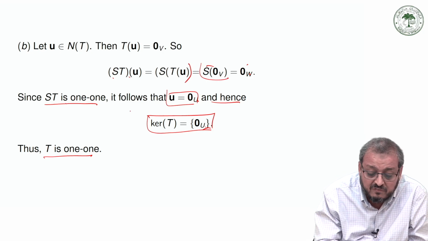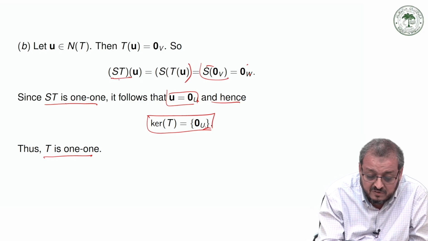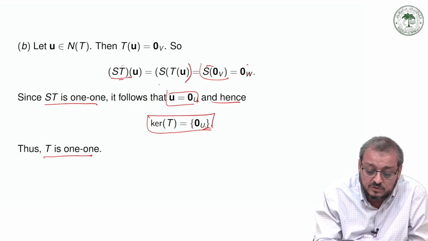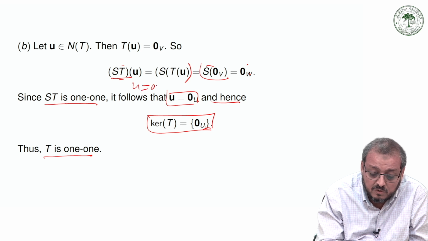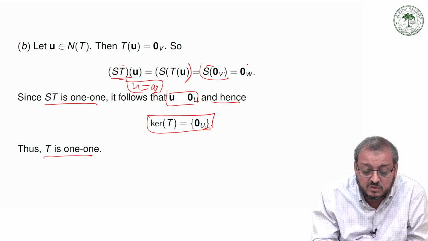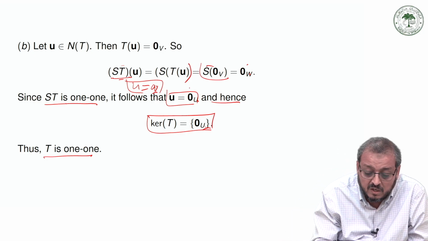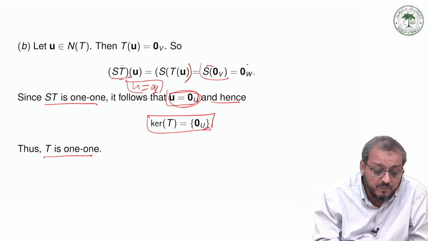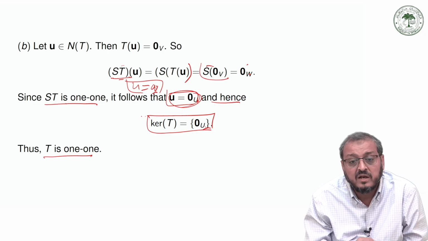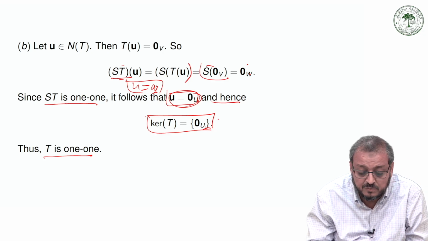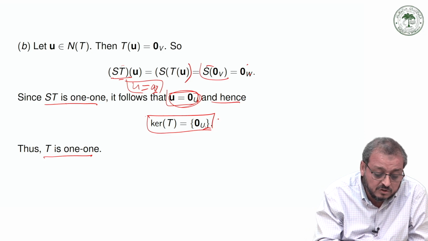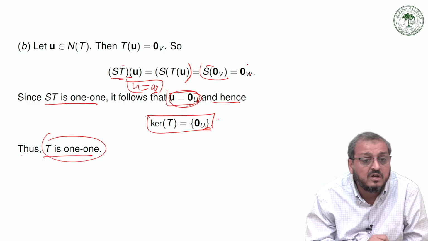So if ST is one-one, then STU equal to 0 implies that U is equal to 0, and this is the case only when U is 0. So clearly the kernel of T is the zero subspace. If the kernel of T is the zero subspace, we can say that T is one-one.